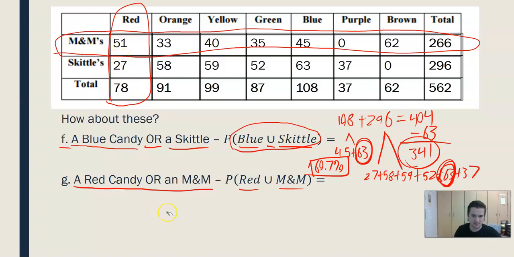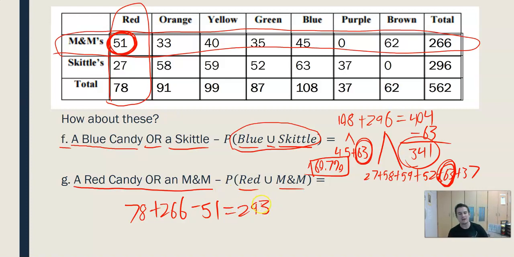Since I'm trying to find the probability of red candies or M&Ms, I have 78 red candies plus 266 M&Ms. But remember, when I add 78 plus 266, I'm adding these 51 red M&Ms twice. So I have to subtract 51. So 78 plus 266 minus 51 is 293.